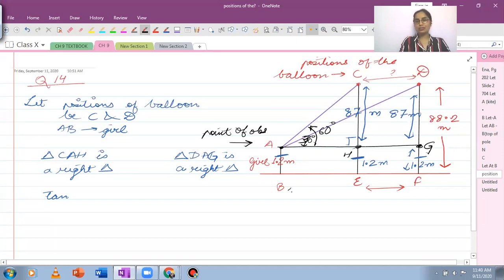So I'm just going to take this distance as X and this distance as Y, so that when I use the trigonometric ratio tan, I can refer to the base as X. By symmetry, these two will be equal. This will also be X, and EF will be equal to HG. This will be equal to Y. And if I had to take the larger triangle, the base will be X plus Y. You have to find Y. This is what you need to find.